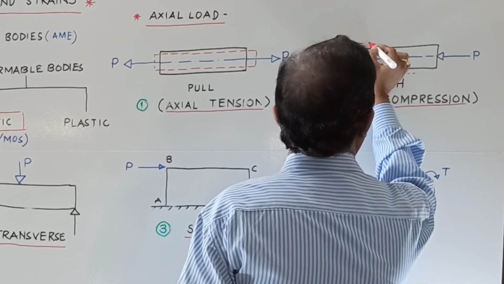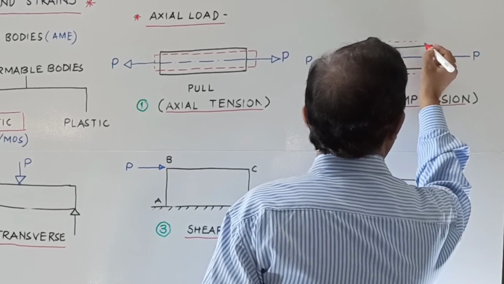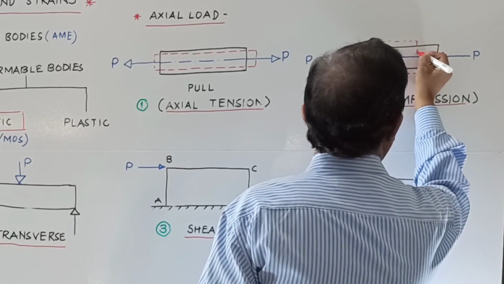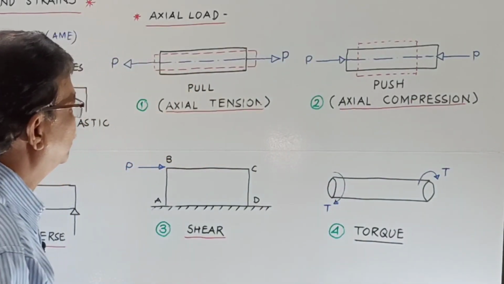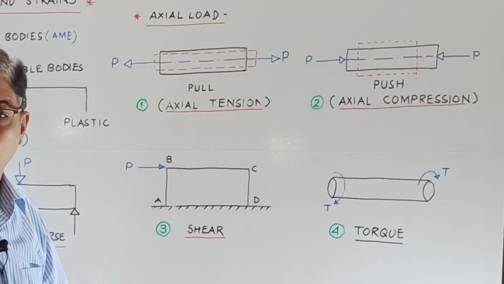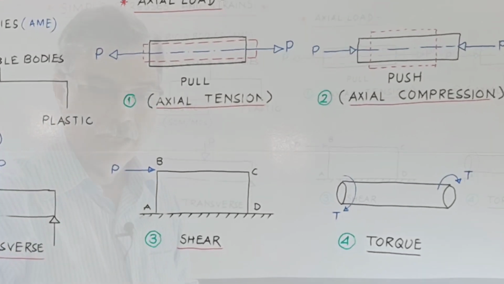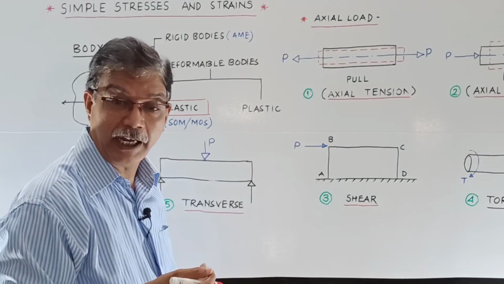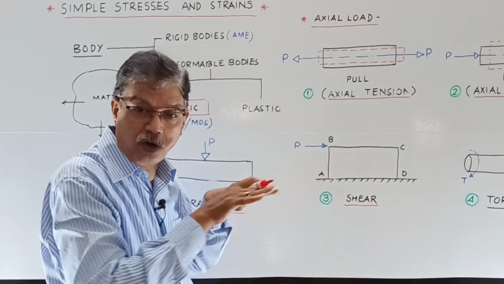Now I am talking about length only, but if you see carefully, in case of extension, the length of the member will increase, but the cross-sectional dimensions will decrease. In case of push, the length will decrease and cross-sectional dimensions will increase. Now the deformation will be in the form of angular deformation in case of shear load.